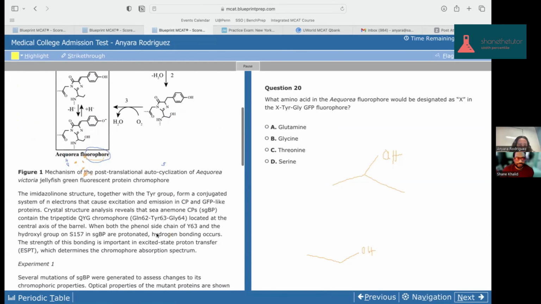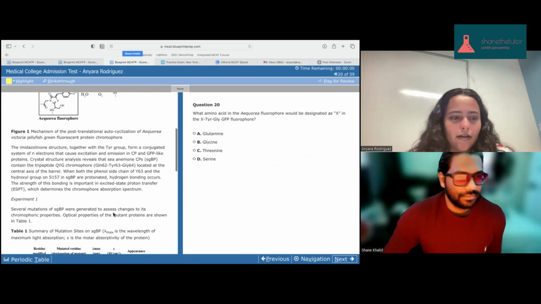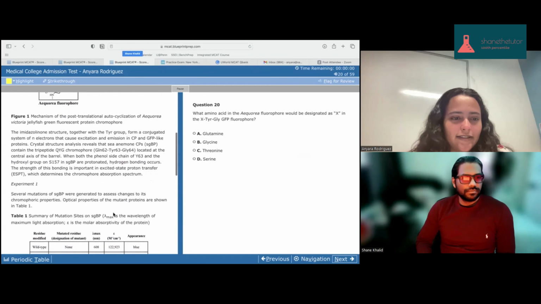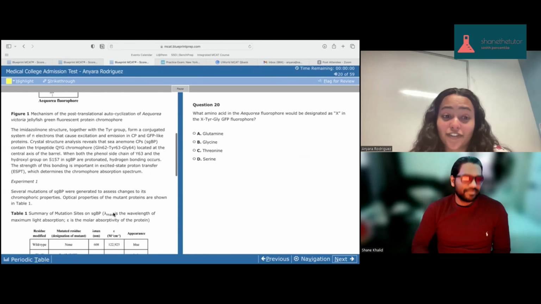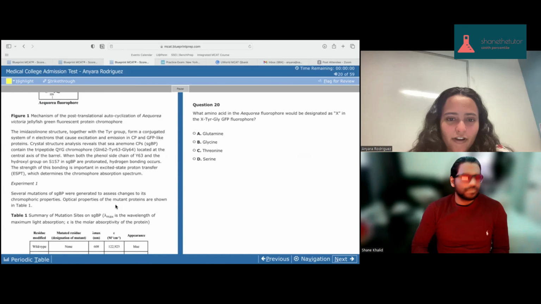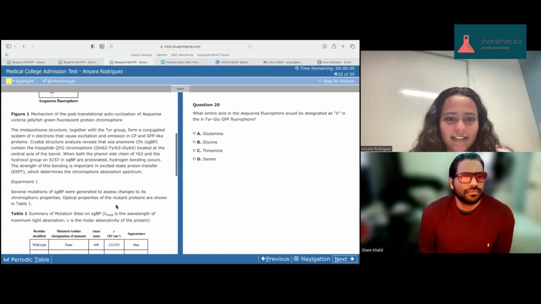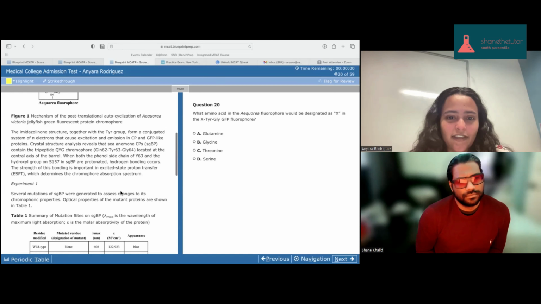I guess we can keep reading the passage, right? The imidazolinone structure, together with the tyrosine group, form a conjugated system of pi electrons that cause excitation and emission in CP and GFP-like proteins.